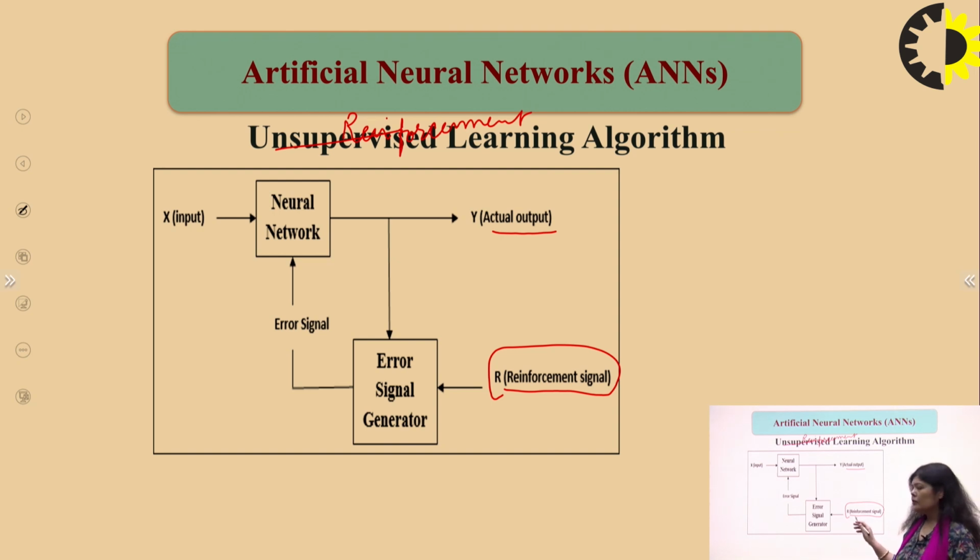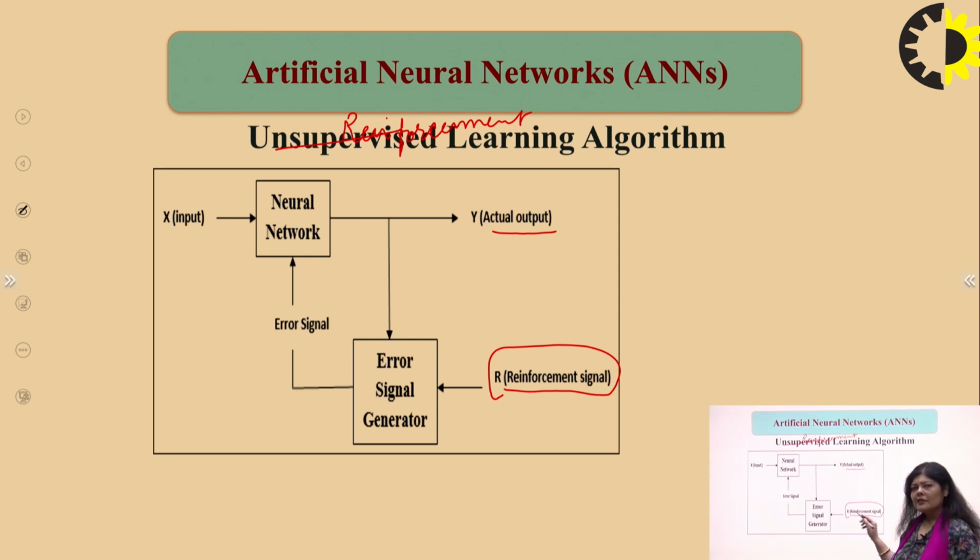So, in a way, we do not have a direct value of what kind of output needs to be there for the given input. But whenever it is making an error, the reinforcement signal guides the system that this is not the correct decision. It is not telling how much difference there is between your actual output and the desired one, but it is saying that no, you are not correct.